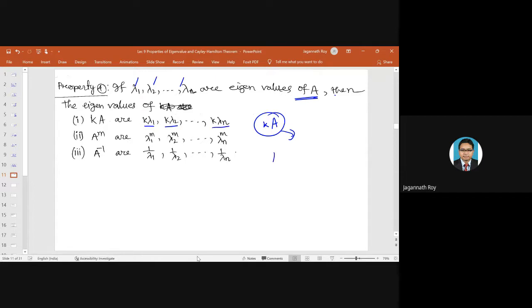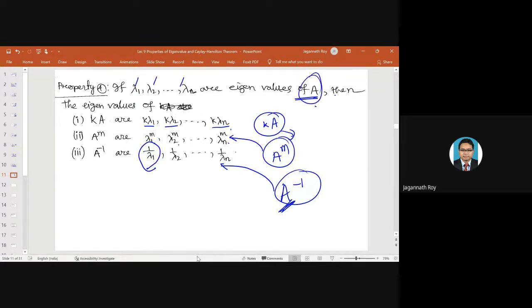If you take A to the power m, the eigenvalues will be lambda 1 to the power m, lambda 2 to the power m, and lambda n to the power m. For the inverse, the lambda values get inverted. That means 1 by lambda 1, 1 by lambda 2, and 1 by lambda n will be the eigenvalues of the inverse of the given matrix.